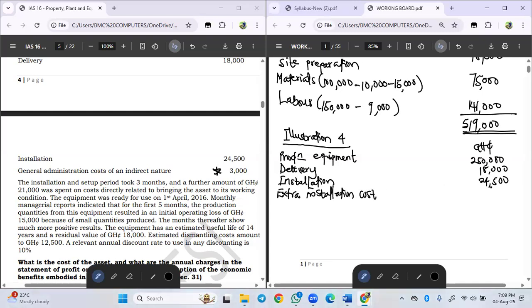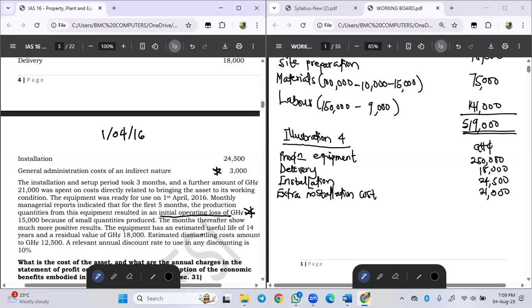So that one was 21,000. Okay, the equipment was ready for use on 1st April. So take note, the equipment was ready for use on 1st April 2016. Okay. Monthly managerial reports indicated that the first 5 months, the production quantities from this equipment resulted in an initial operating loss of 15,000. So the moment you see initial operating loss, that one is not part. So take note. The months thereafter show much more positive results.